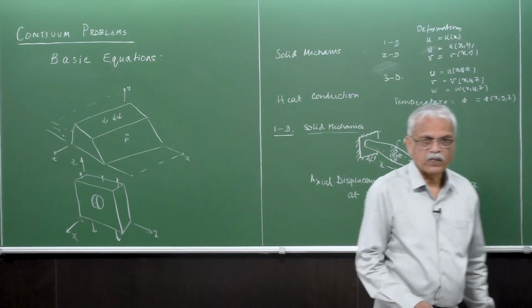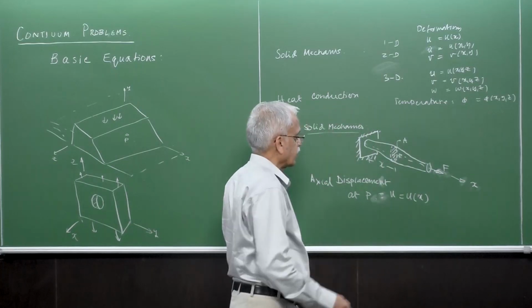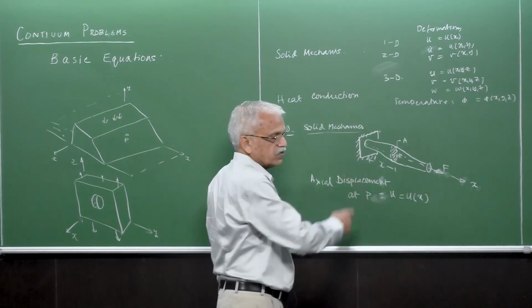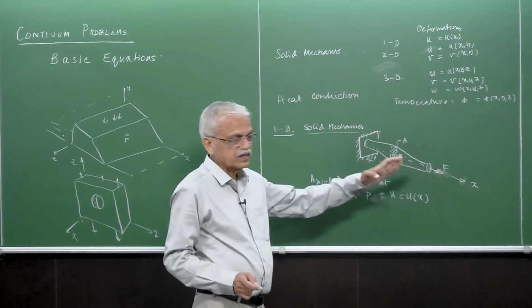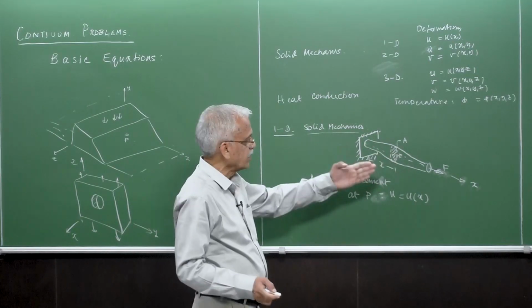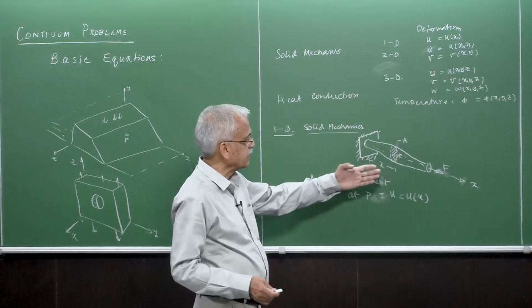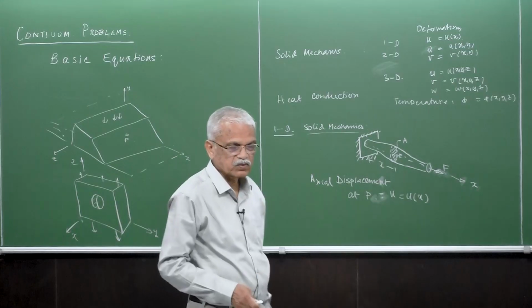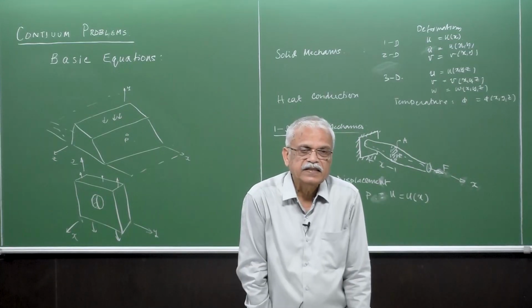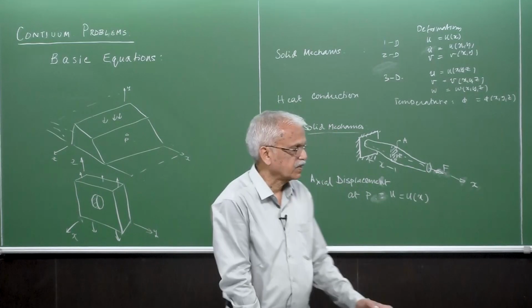So this is a one-dimensional problem, and of course here we are also making an assumption that the material is the same in the cross section. That means there is no change in the material over the cross section. It may change along the length.